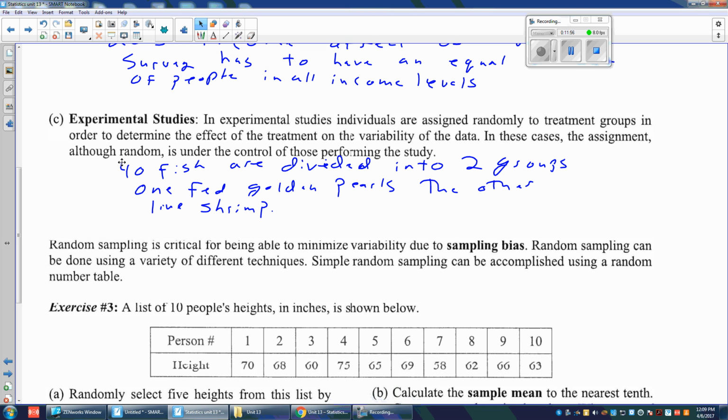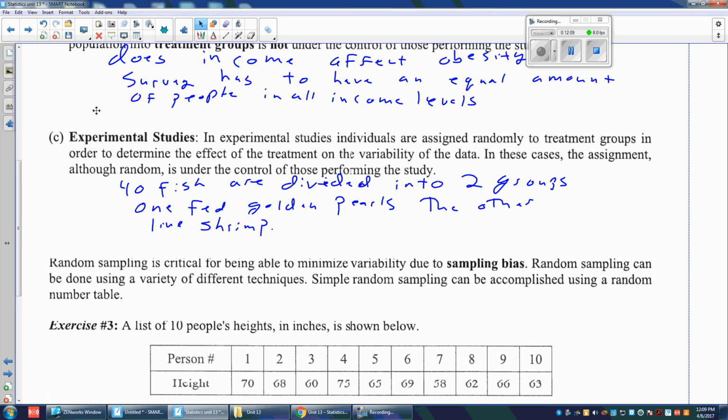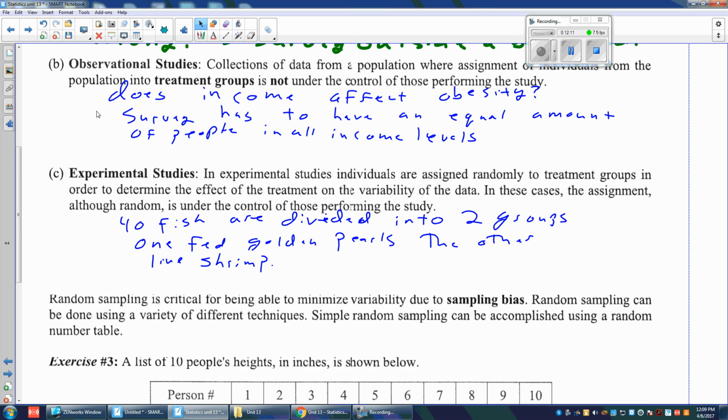In B, we're selecting individuals to make sure that the study is going to be valid based on the preconditions of the study. The precondition of the study in B is income affecting obesity. Here, there's only one variable, and that's growth. Again, we're comparing the two foods. Here, we're comparing income and obesity. This is 2 dimensions. This is 1 dimension.